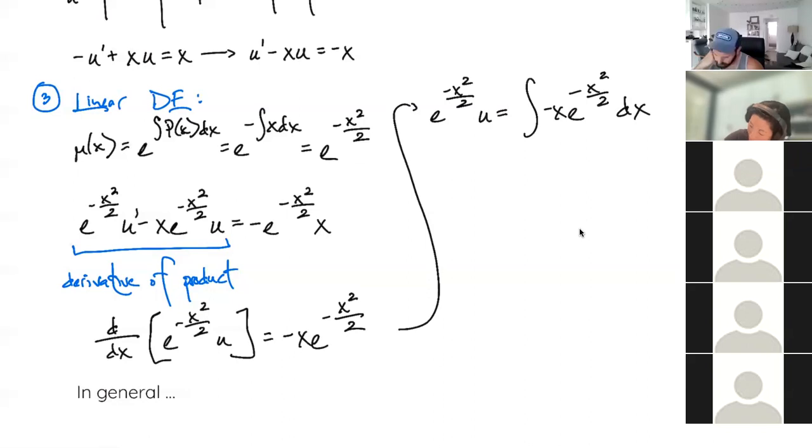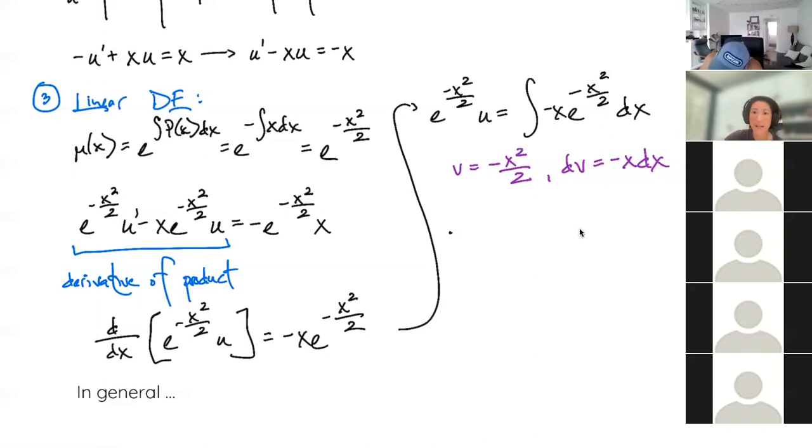So let's call that V since we already used U. And in this case, negative x squared over 2 might be a really good choice for that to be. That would give us the dv of negative x dx. All right. What does this give us?